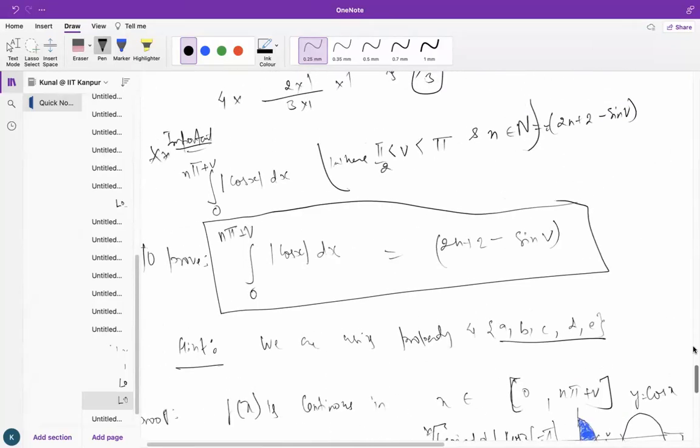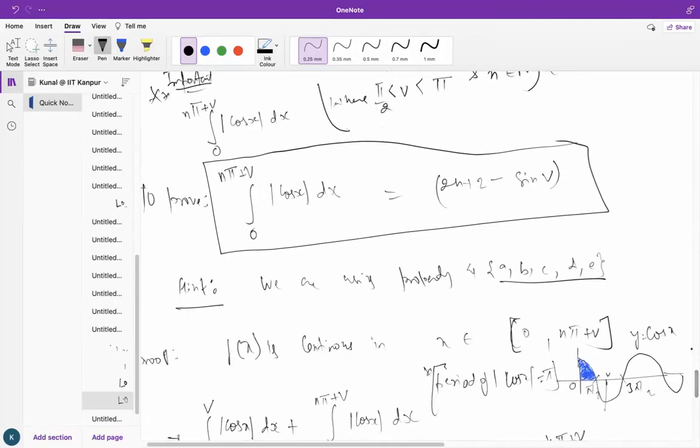Actually we are using the concept from lecture number 1, the basic part, when we integrate and substitute the limit. The condition is that the function should be continuous between the lower limit and the upper limit. So I'm using that property here.